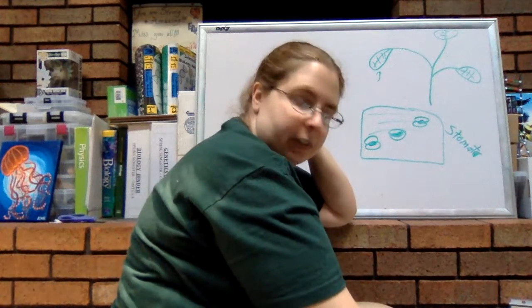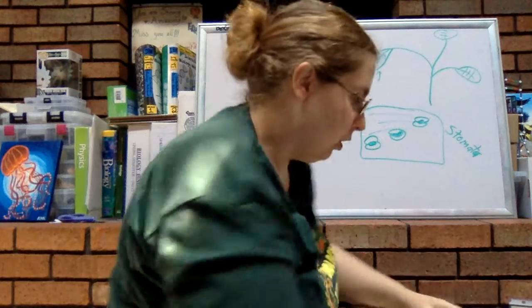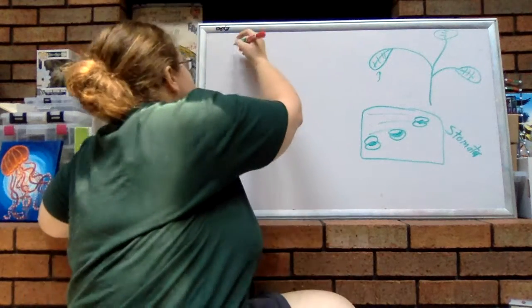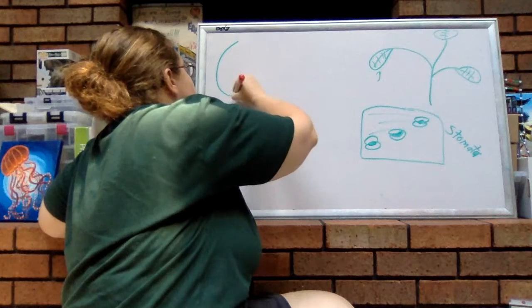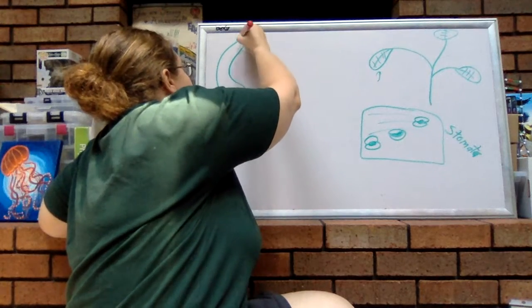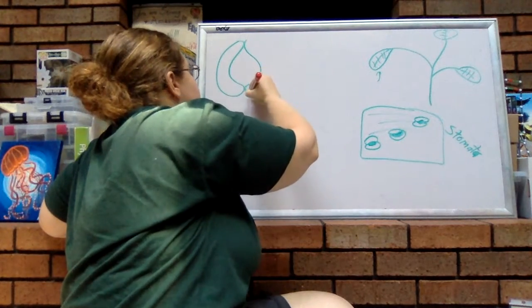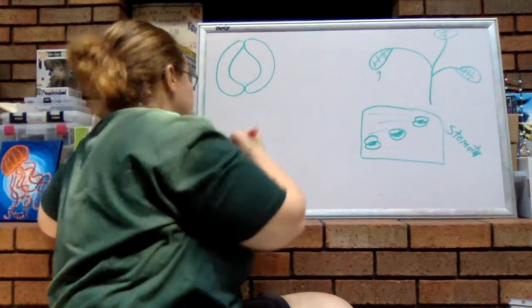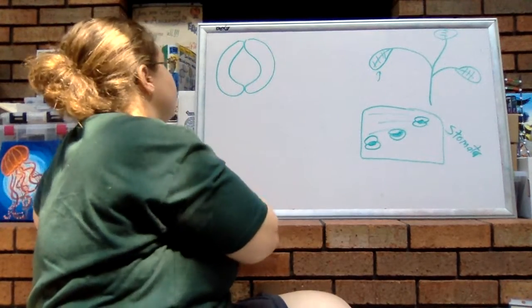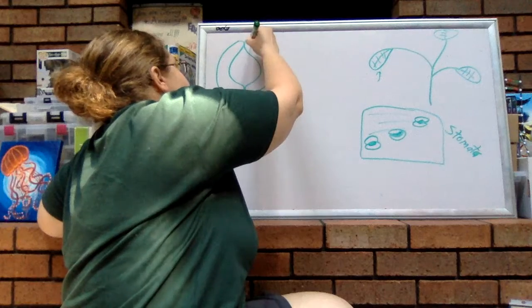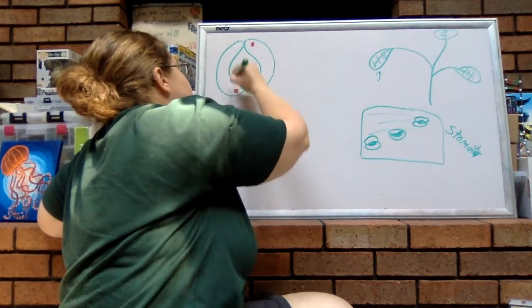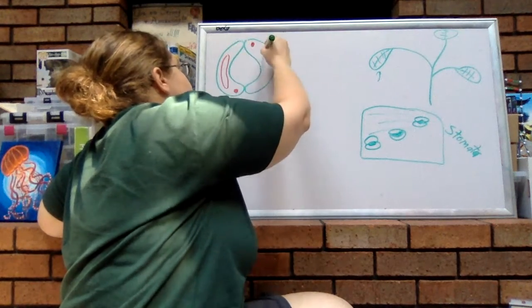These are actually pretty cool little things. Now around them, we call those guard cells. Here's a guard cell, with the nucleus and the vacuole.